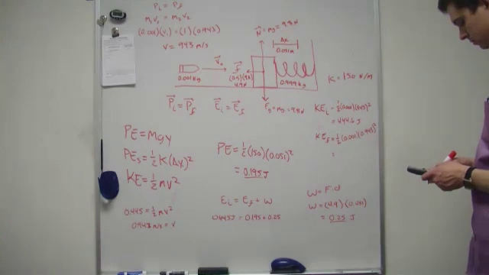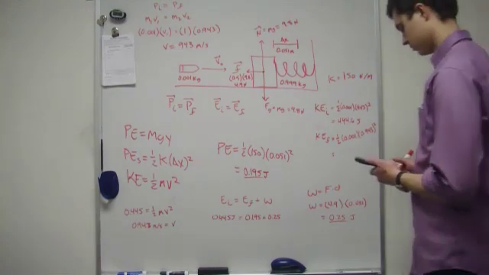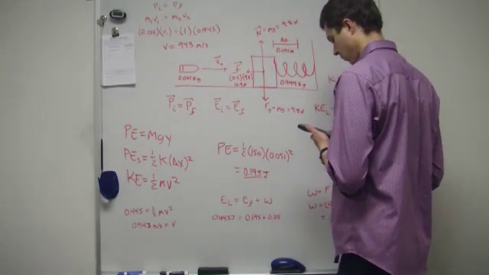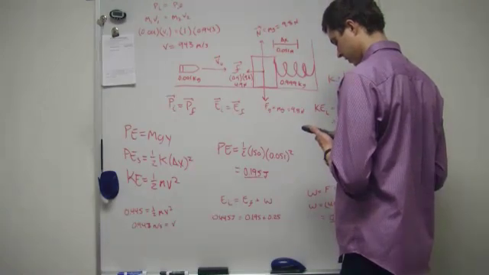So that's really small. So did you get like 4.446 times 10 to the negative fourth?